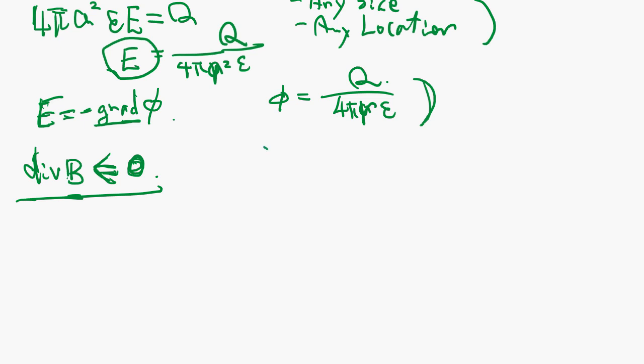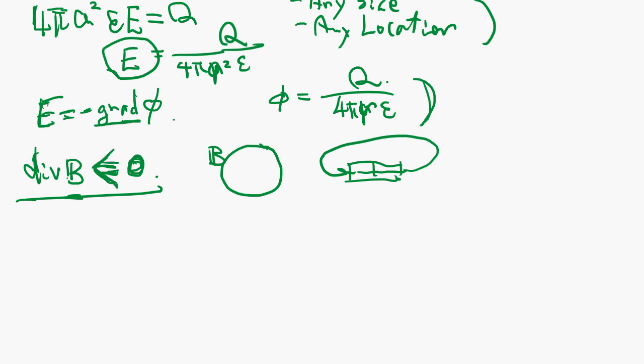The magnetic field can exist in a loop. A permanent magnet also exists in a loop. So this equation implies the B vector field is always a loop.